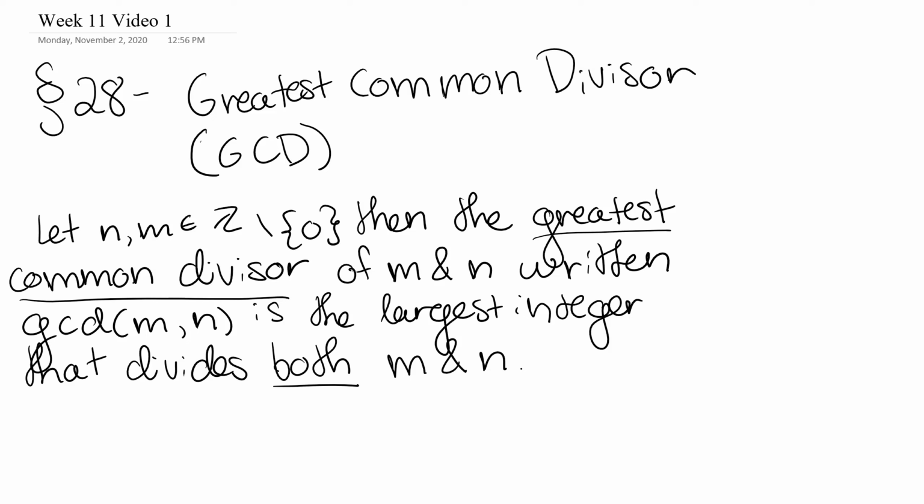So two non-zero integers, n and m, then the greatest common divisor of m and n is written as all lowercase GCD, and then parenthesis m comma n and parenthesis. So that is the largest integer that divides both m and n. Okay, so that's why 0 is not allowed, because if you think about it, anything divides 0.